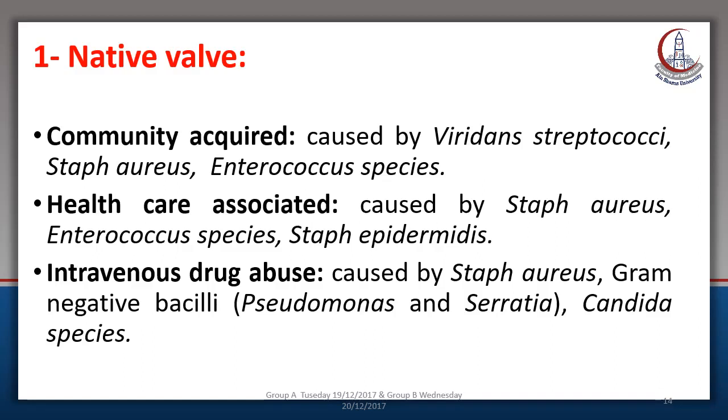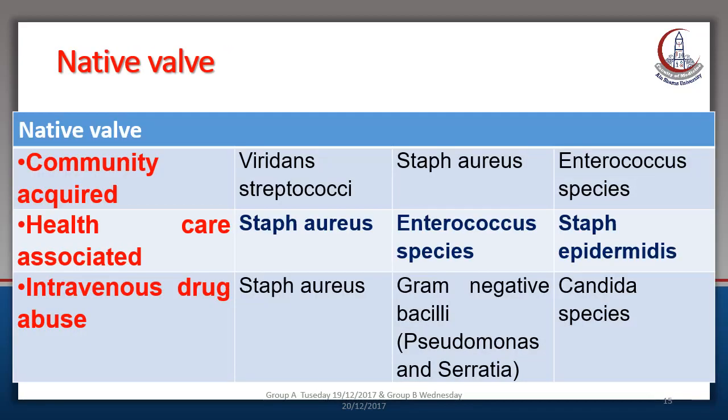The modern classification of pathogens causing endocarditis is divided into native valve versus prosthetic valve endocarditis, with sub-classification within each group. These sub-classifications depend on the source of pathogen and clinical course.